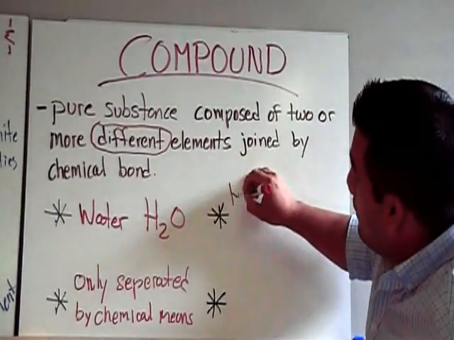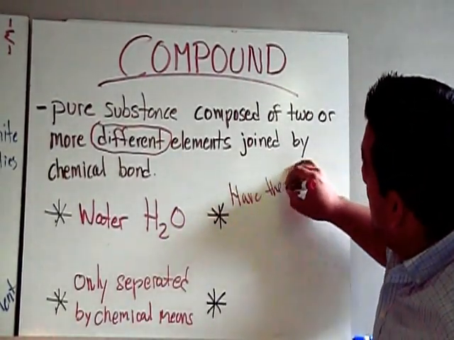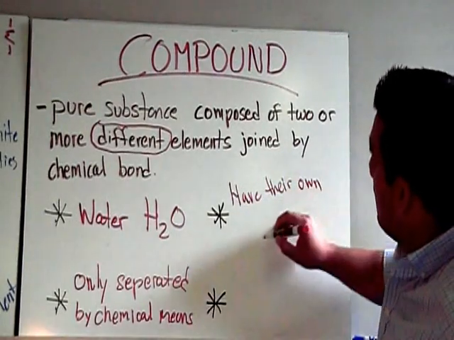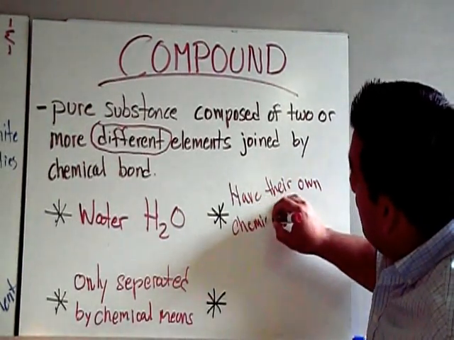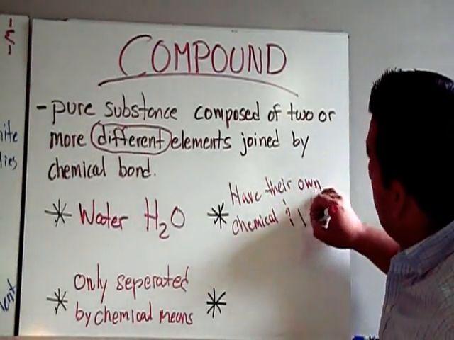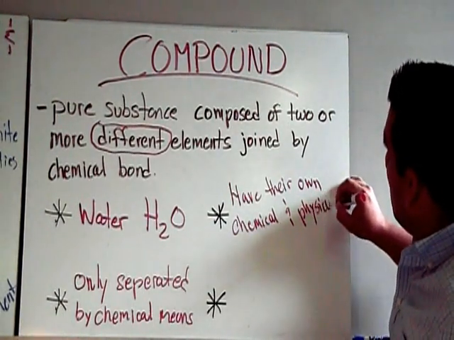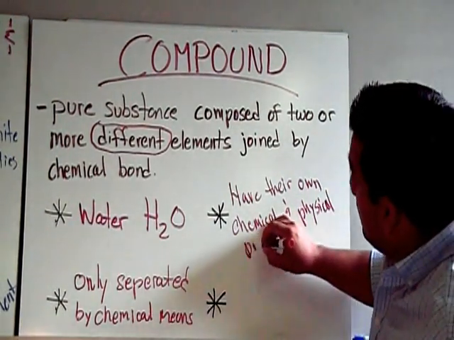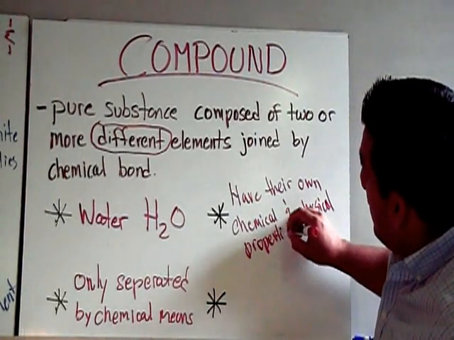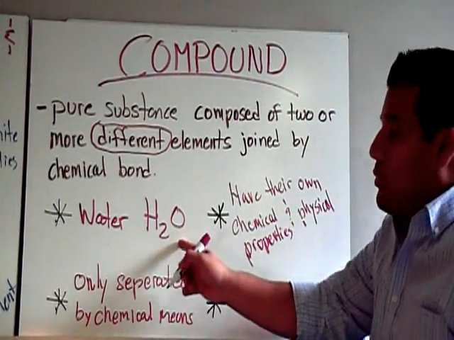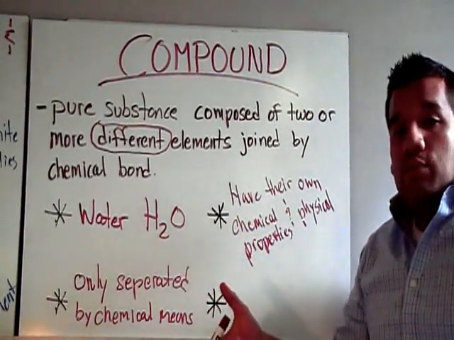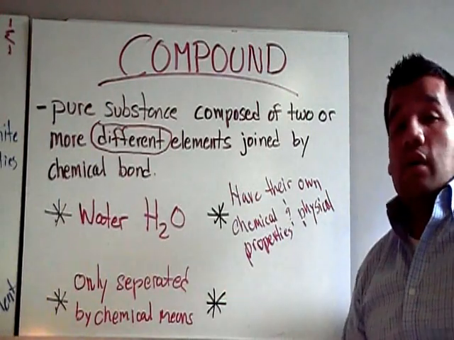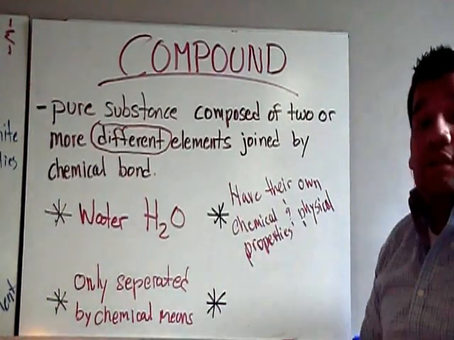They have their own chemical and physical properties. They have their own special properties, like water, for example, has its own properties. It boils at 100 degrees, it freezes at 0.